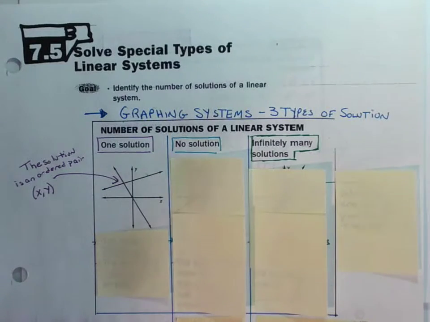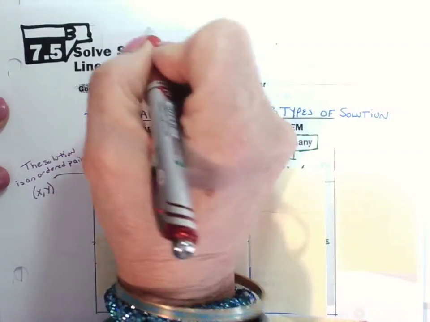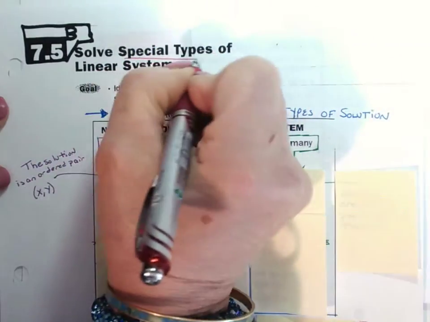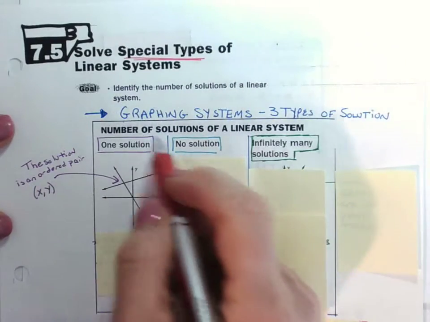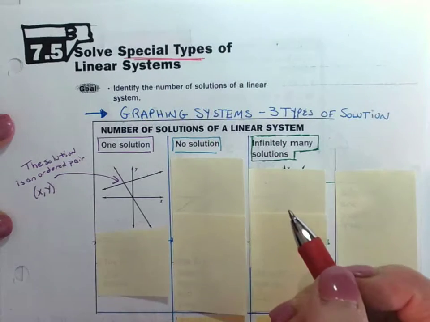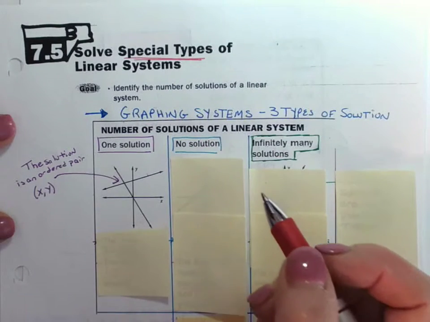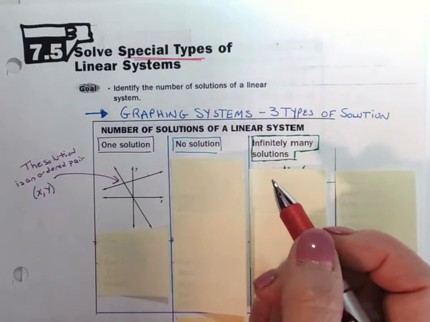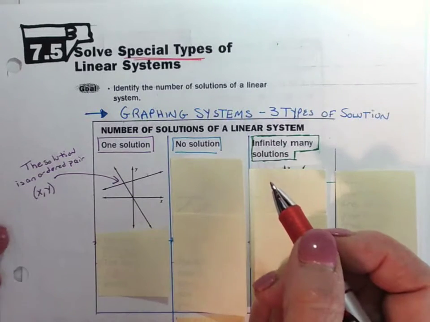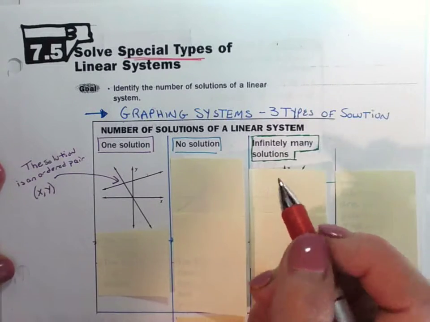These are notes, and the first part is special cases, special types of linear systems. I'm going to review the special cases when we did graphing, and then I'll discuss how you can determine if it's a special case when you're solving systems algebraically.